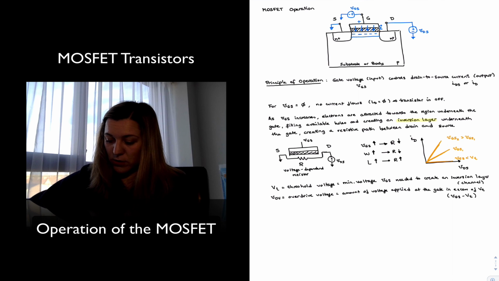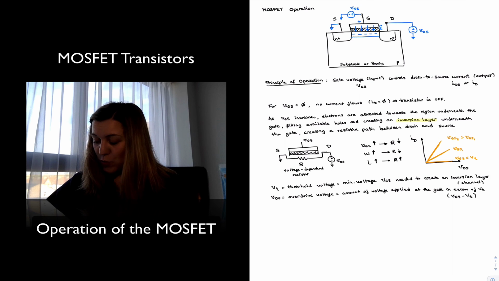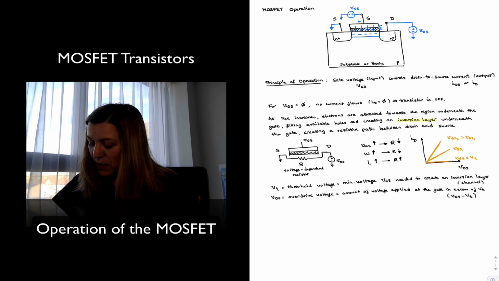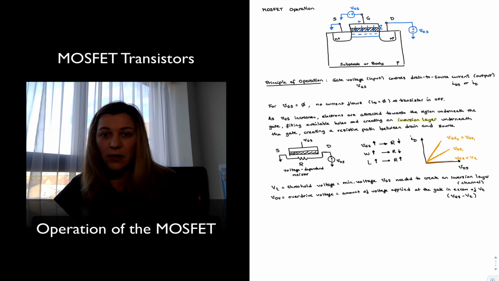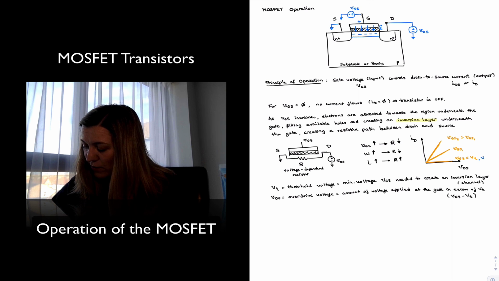And so it makes sense to think that just as we have expressed how much our resistance in the channel changes by increases in VGS, we could also have said the resistance decreases as we increase our overdrive voltage. So the case where the current is 0, we will have an overdrive voltage which is less than or equal to 0.